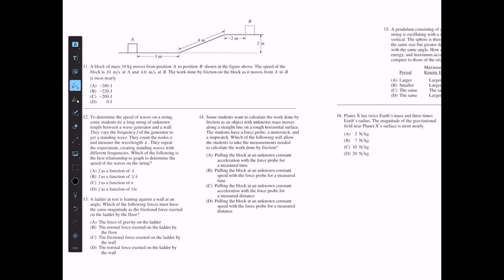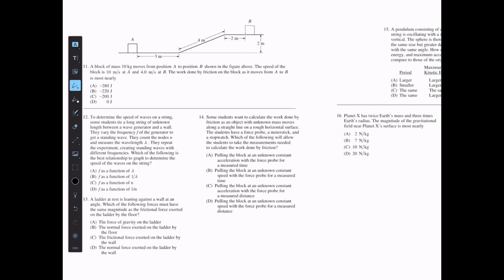A block of mass 10 kilograms moves from position A to position B. The speed of the block is 10 meters per second at A and 4 meters per second at B. The work done by friction on the block as it moves from A to B is most nearly? So this is an energy problem.